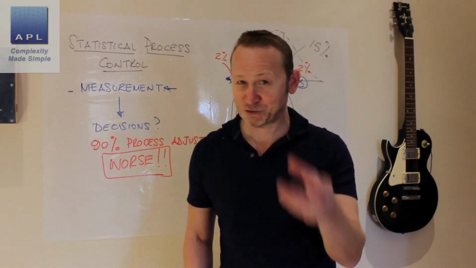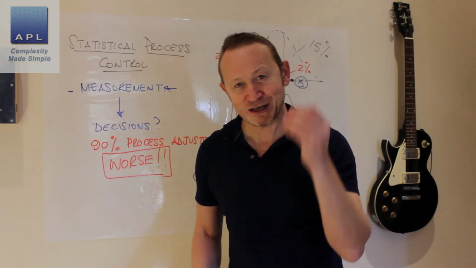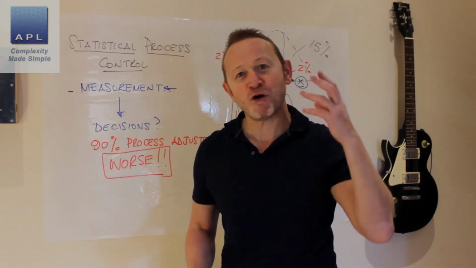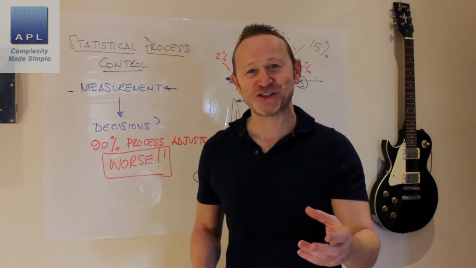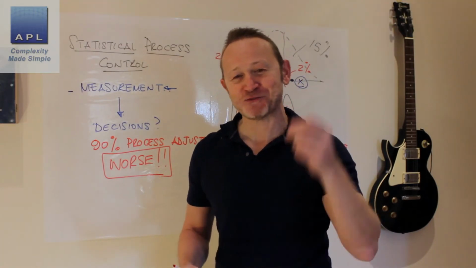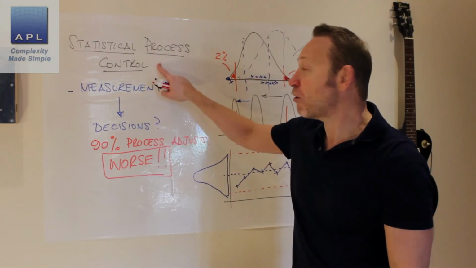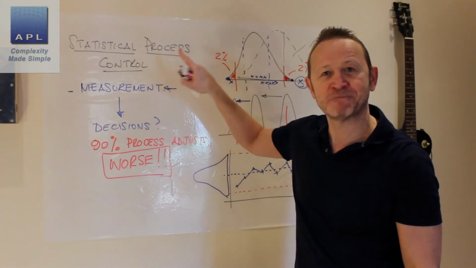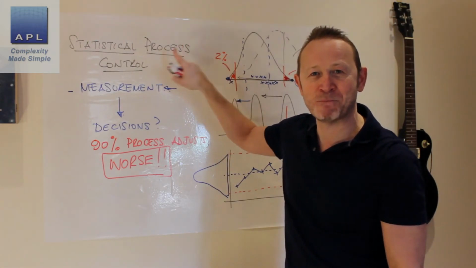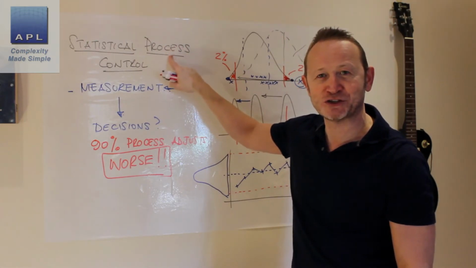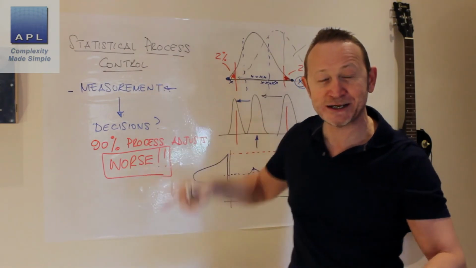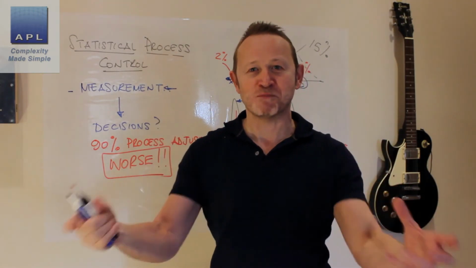Now that is what SPC does for you. It allows you to make more money. That's what these tools are for. Your customers and your auditors are forcing you to make more money. You are already doing SPC, you are just doing it badly. Go and learn how to do SPC properly and make more money.